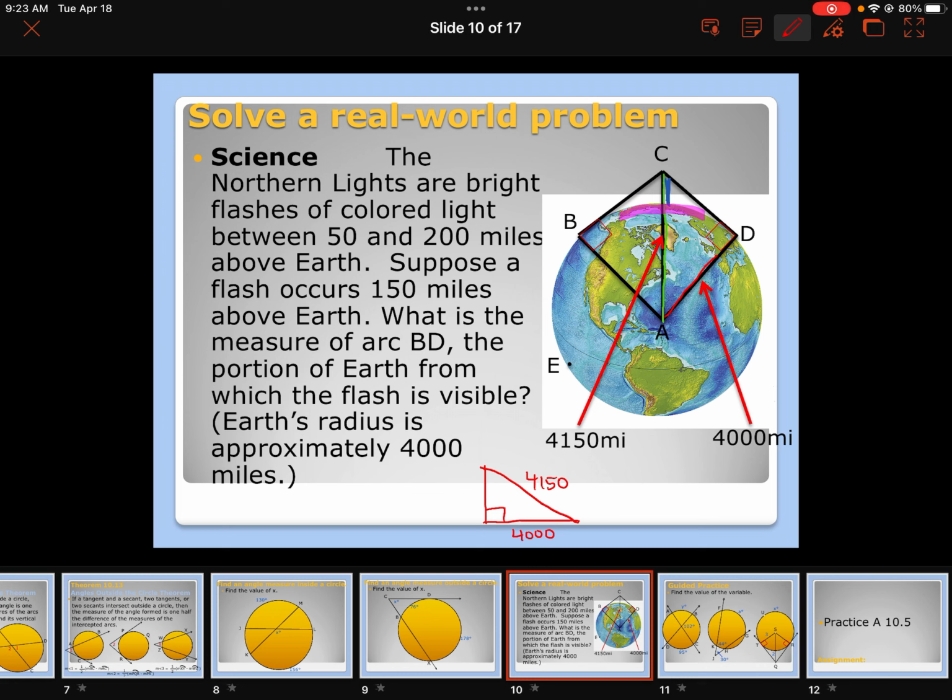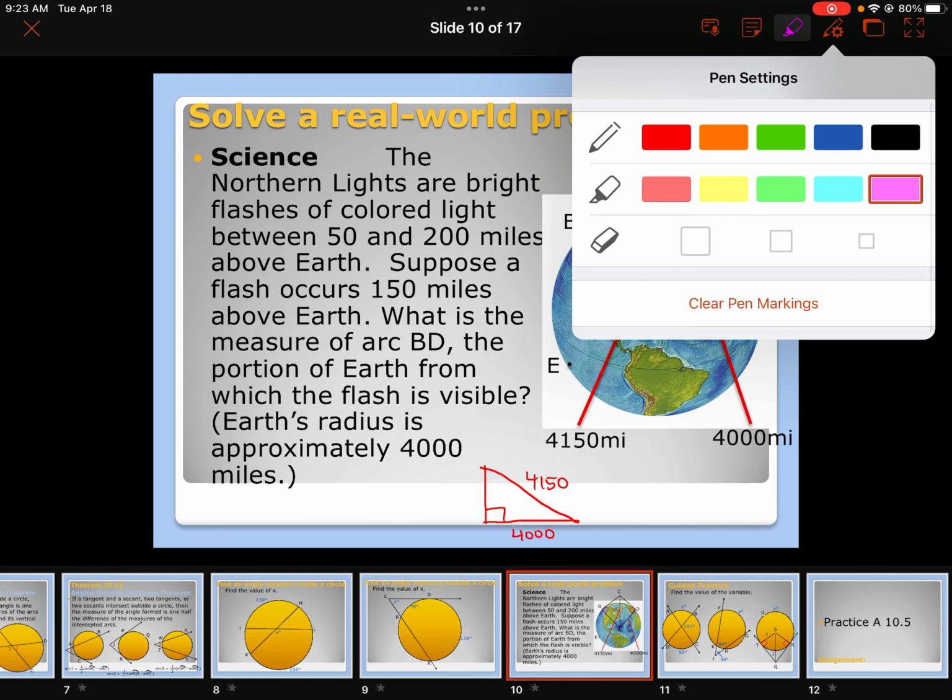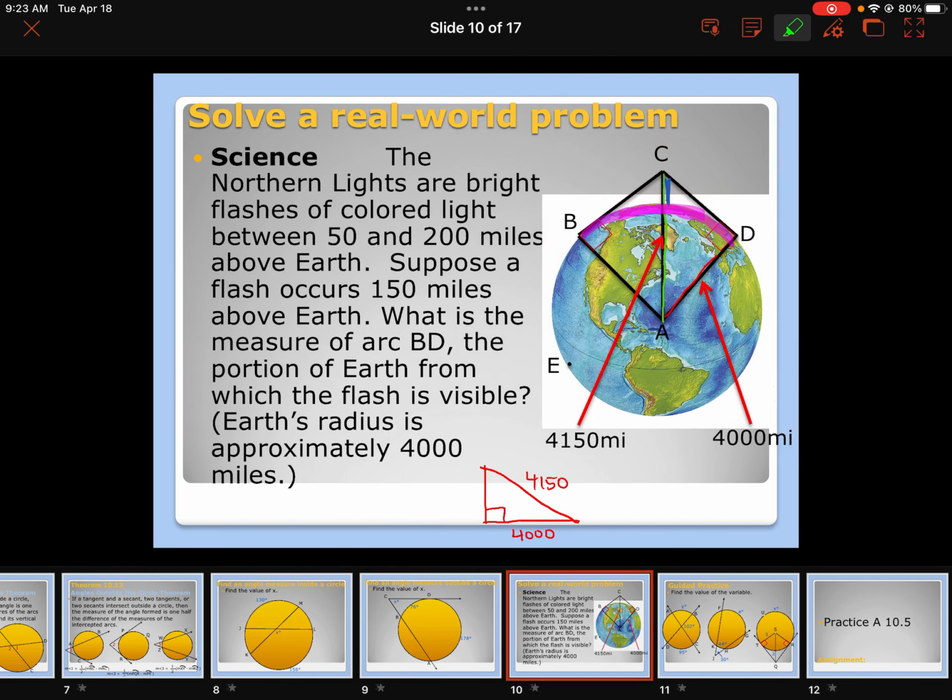What you would really like to know is, remember, the end game here is what's the measure of that magenta arc? Well, if you had the measure of this green highlighted central angle, then you could figure out the measure of that arc. Now that green central angle is 2 times the measure of that angle where that red dot is.